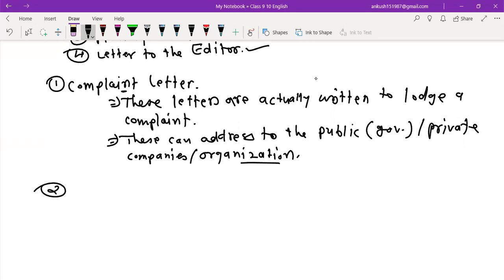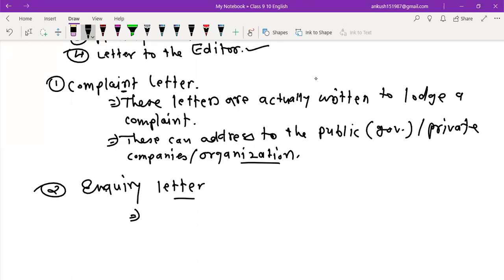Second is the inquiry letter. Why do we write an inquiry letter? Whenever we write inquiry letters, these letters are written when a person wants to get more information about a product or service.